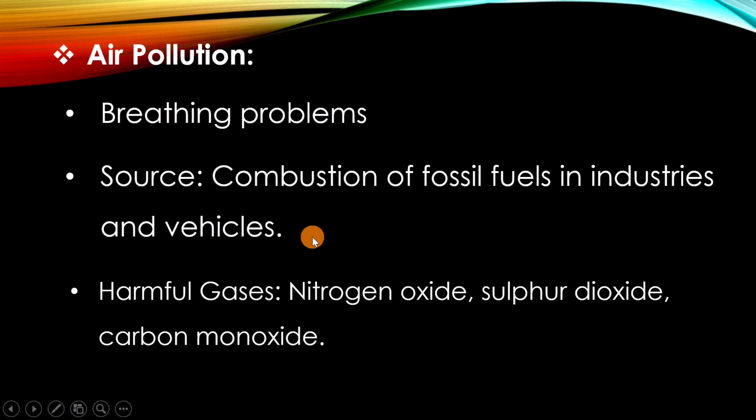There is pollution produced. Now, what are these harmful gases which are produced here? We have nitrogen oxide, sulfur dioxide, and carbon monoxide. These are some of the gases that pollute the air if combustion of fuels in industries and vehicles happens.